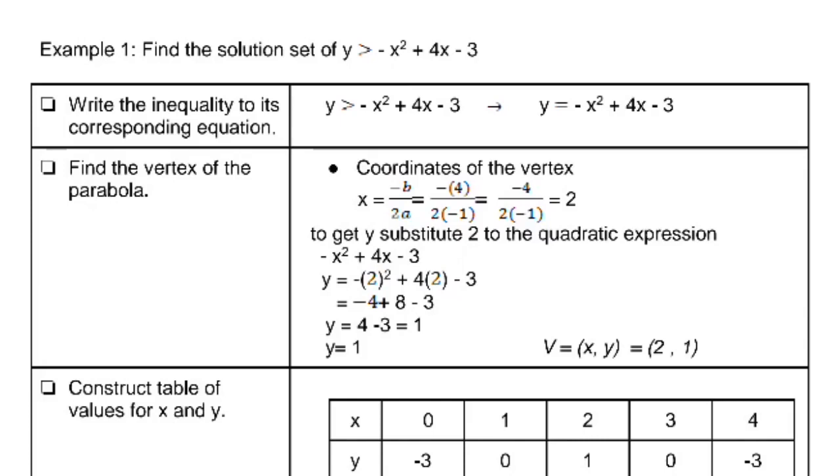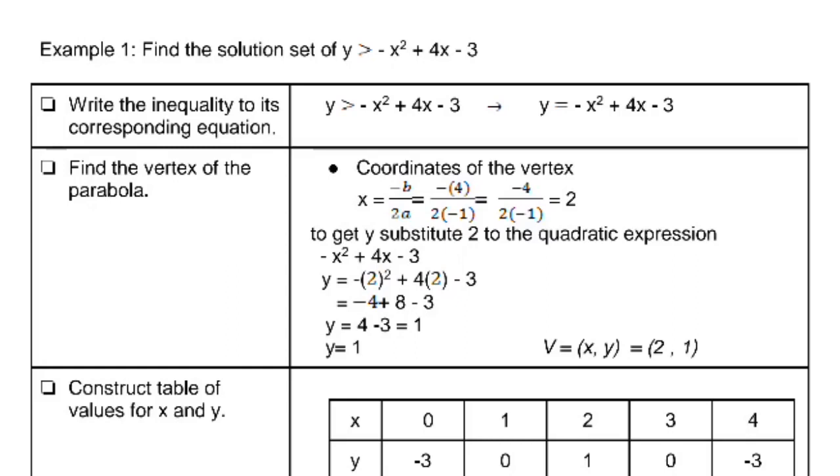The vertex is the minimum or the maximum point of the parabola. It's either opening upward or opening downward. If it's opening upward, then it has a minimum point, and if it is opening downward, it has a maximum point.